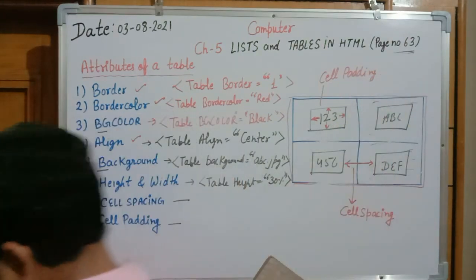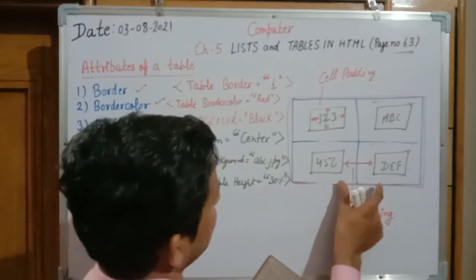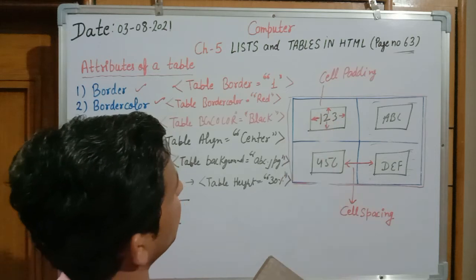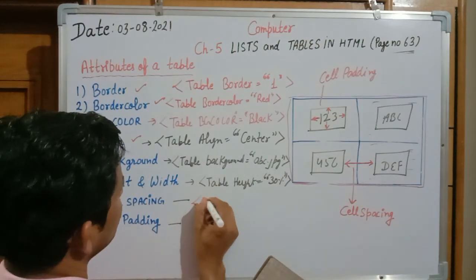I hope the point is clear. The space given inside the cell is known as cell padding, and the space given between two cells is known as cell spacing. Between two cells, cell spacing. Between text and cell, cell padding. So these are the attributes. How will we write?